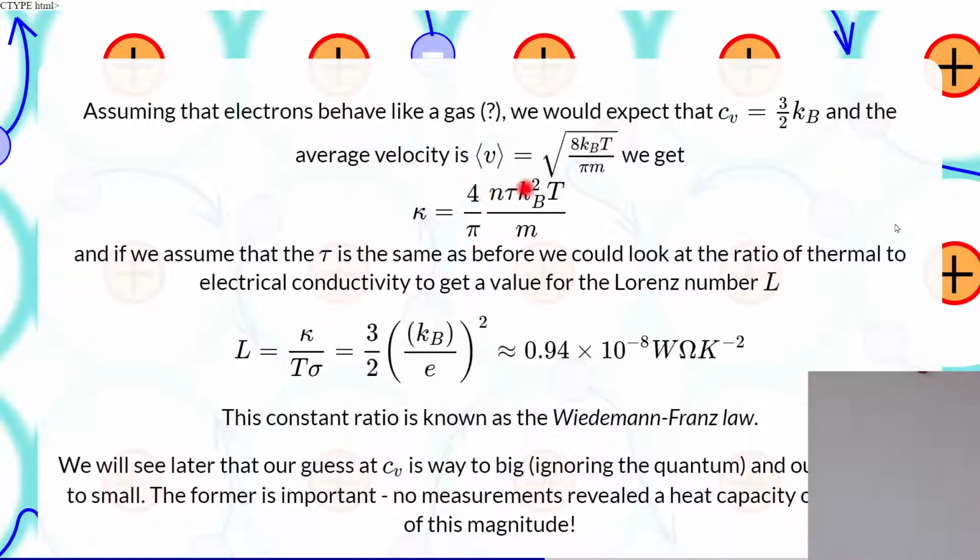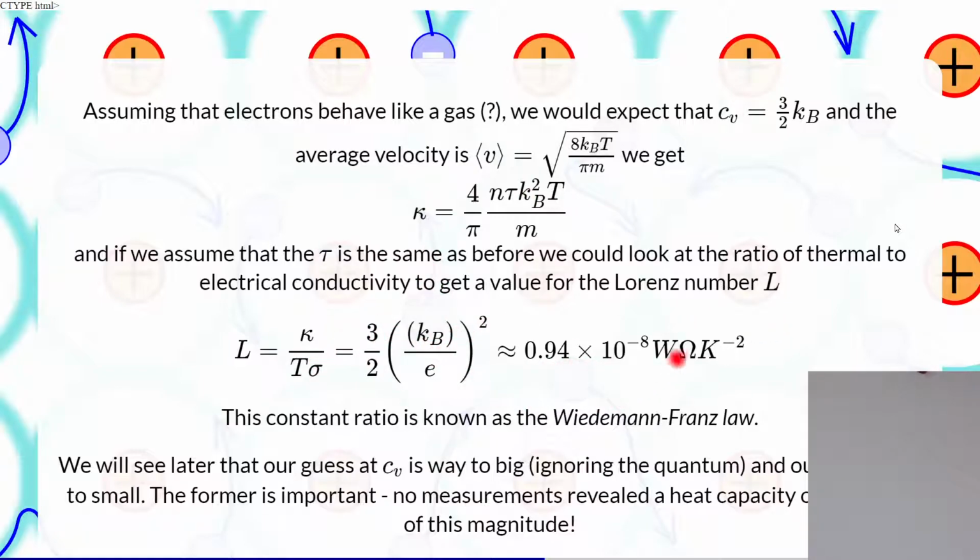And most of these coefficients, all these parameters, drop out of this. They cancel out in our model between kappa and sigma. So that's the electrical conductivity we worked out. This is thermal conductivity. So most of the parameters here cancel out.